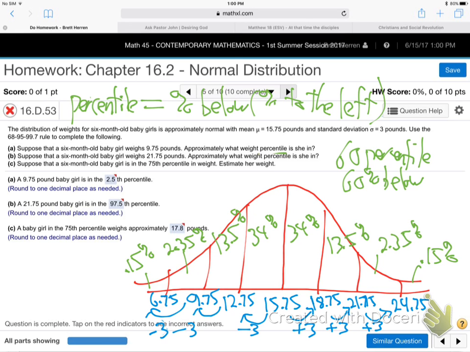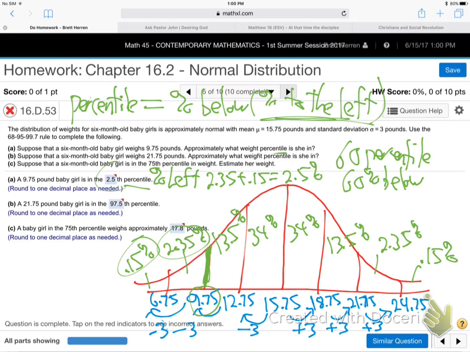So percent below. When they're asking me on this question, the baby girl that weighs 9.75, where's that? Right here, that line right there. What's her percentile? They're asking, what's her percent to the left, below? So you just add up 2.35 and 0.15. That is 2.5% below.